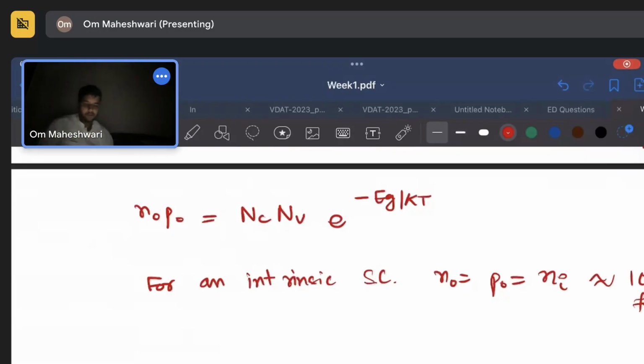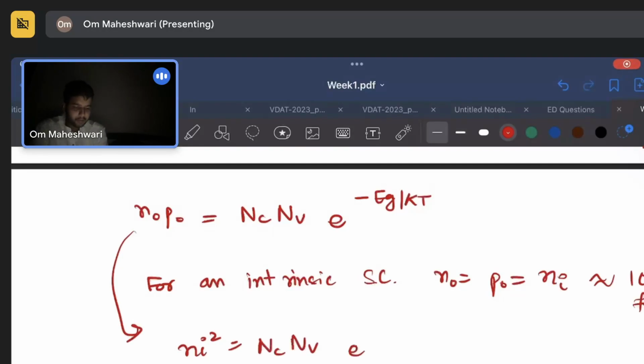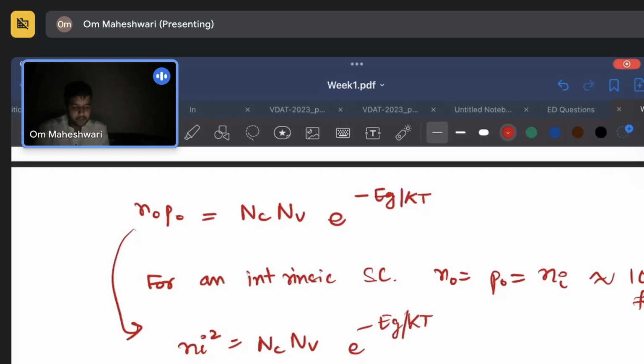So I'll replace n0 p0 by ni. Now I get ni square equals Nc Nv e to the power minus Eg by kT. So one thing we know now is n0 p0 equals ni square. Very important relation for intrinsic semiconductors.